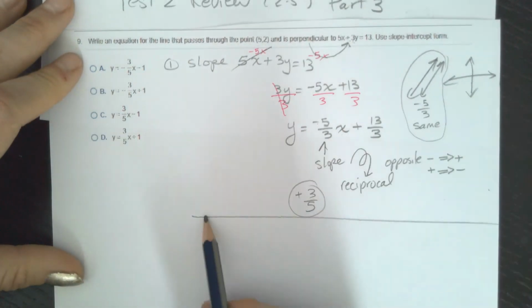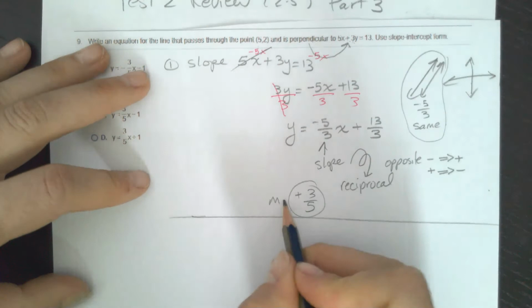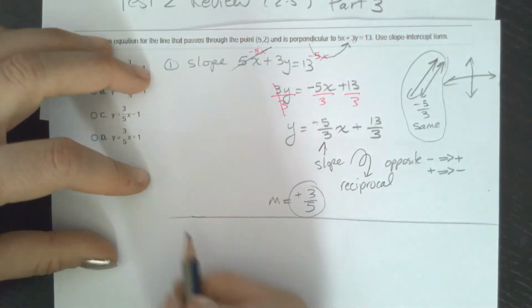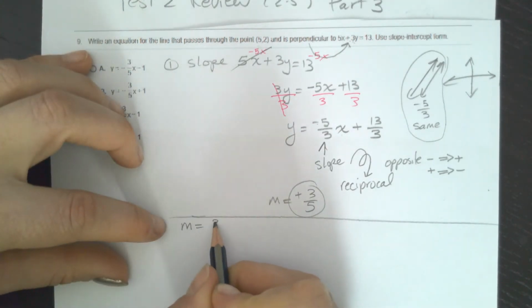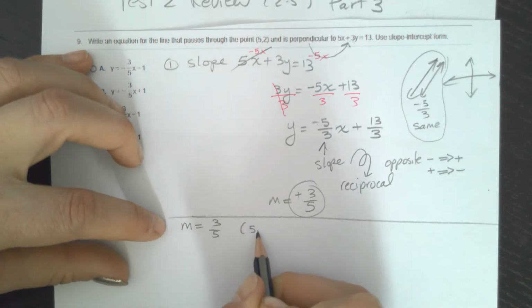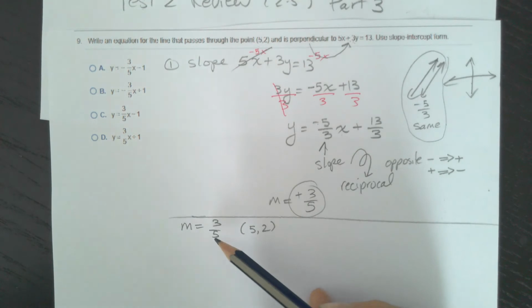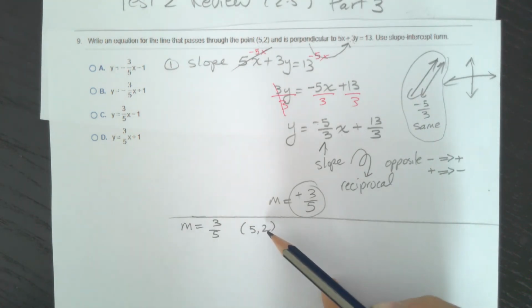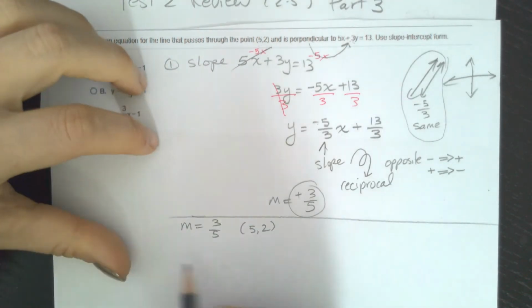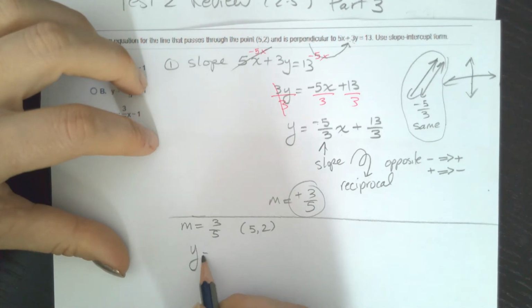So now the next step is, let's say my slope is this. So now I have a slope for a line, and they're telling me it goes through this point. So what's your favorite equation? Yes.